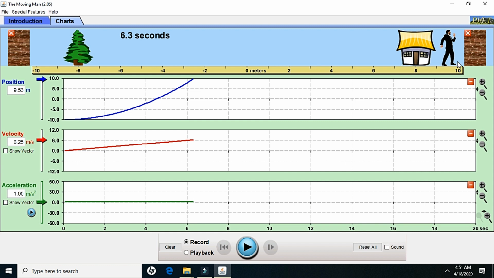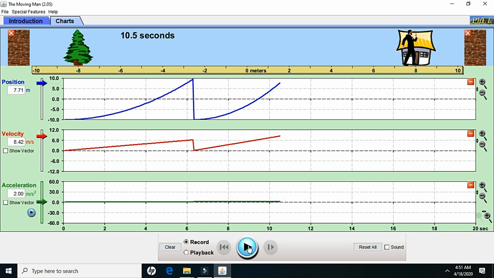Again, if we change the acceleration to 2 meters per second square, velocity is again 0 and position is minus 10. Again we start. In the beginning the velocity was quite slow, but now it is going on increasing.